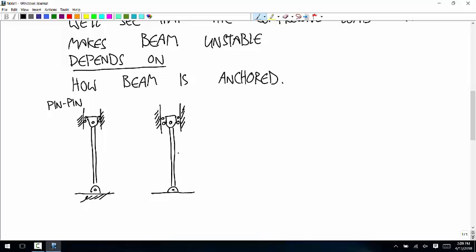So I'll show this with a roller in the middle. At that point where the roller is, there can't be any deflection.